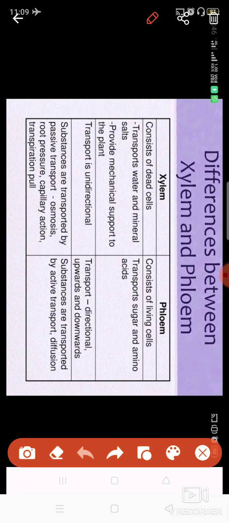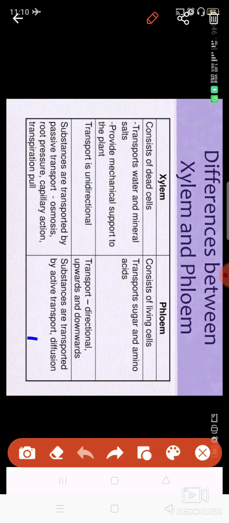So xylem transport is done by passive transport, that is by osmosis, root pressure, capillary action, and transpirational pull. These terms I'll teach you in class 10th, when I tell you about how food and water are transported in plants.